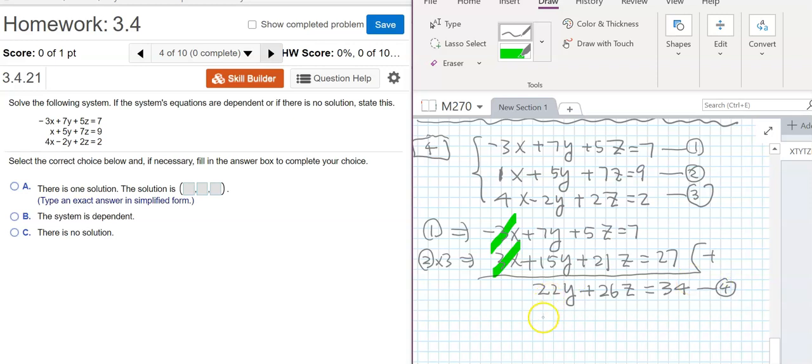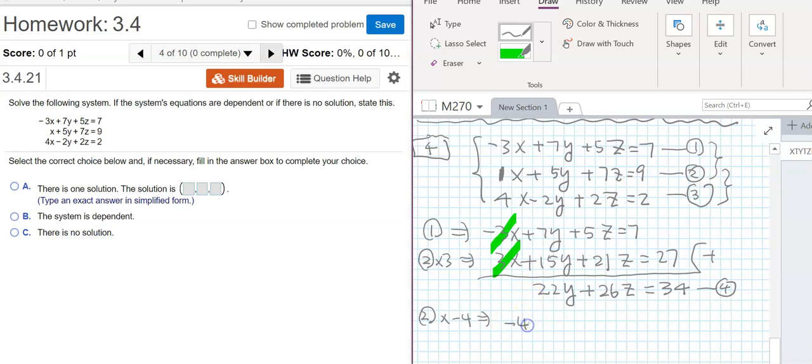I need another equation like that. I used 1 and 2. So now I'm going to use 2 and 3 and eliminate x. Now, what do I do? 2 times negative 4. Because I want to make that negative 4, so I can cancel with the 4x.